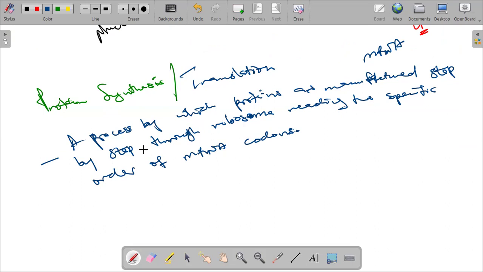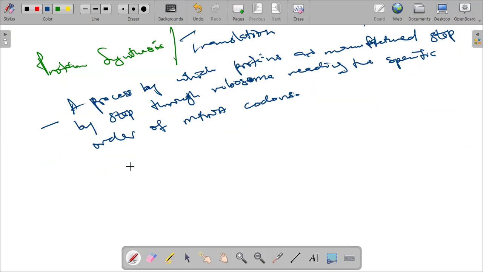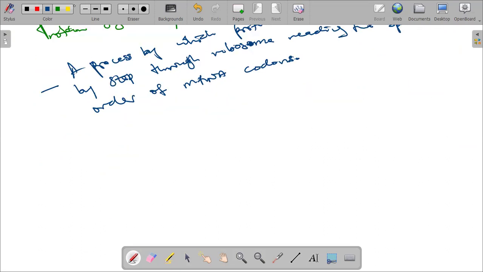You should understand the process. You are going to see the codons and anticodons there. The moment you see those, you should know that the question is asking you to talk about the process called protein synthesis.